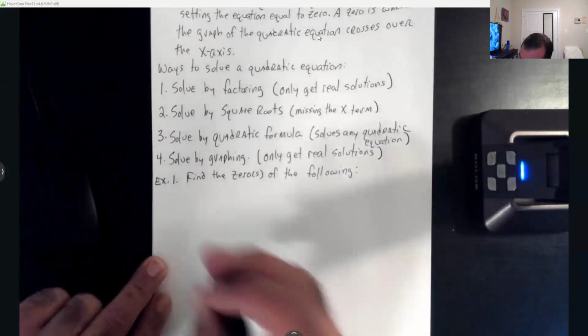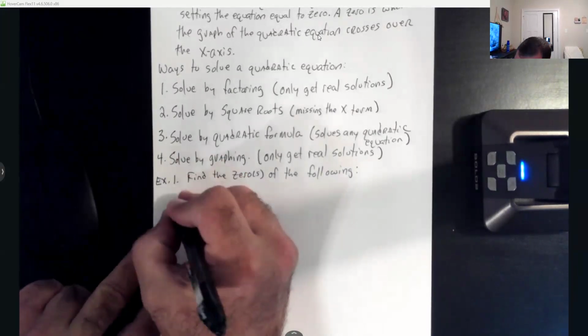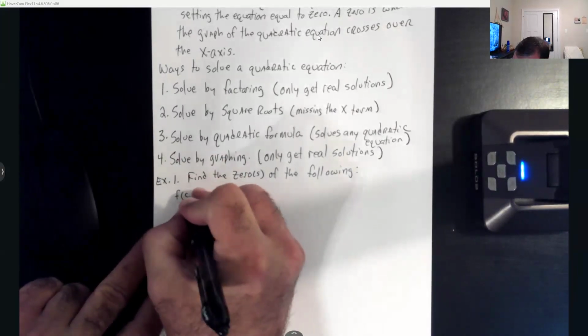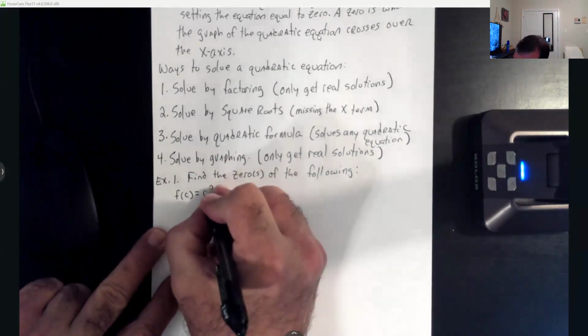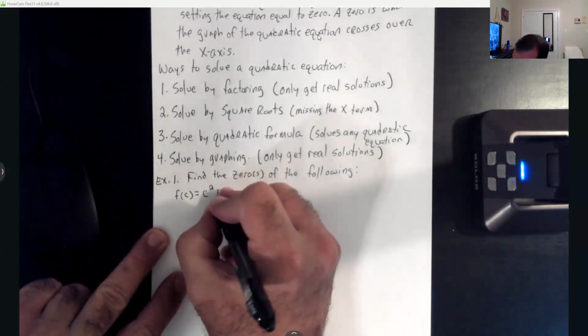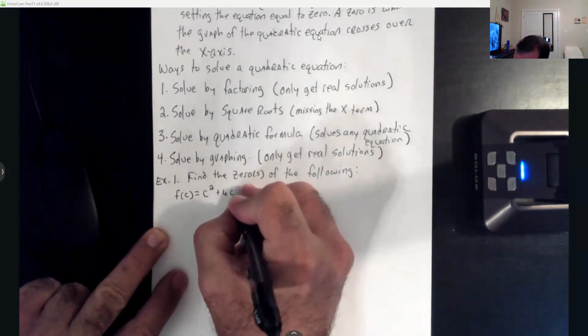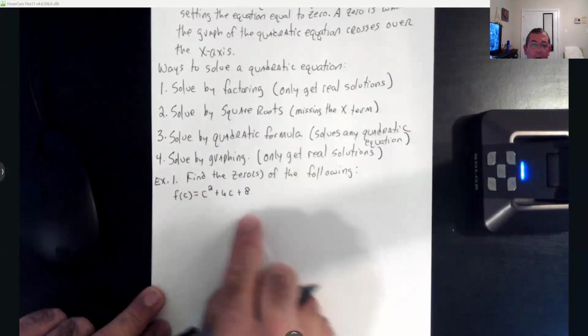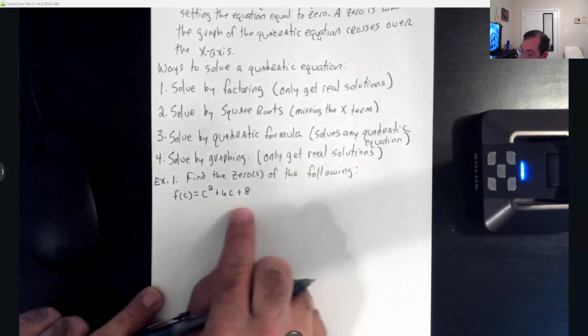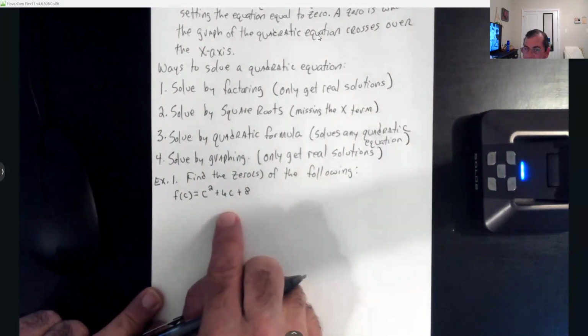And y'all, the first one they made, we can factor this one. f of c equals c squared plus 6c plus 8. So the first one, we can actually solve this one by factoring.